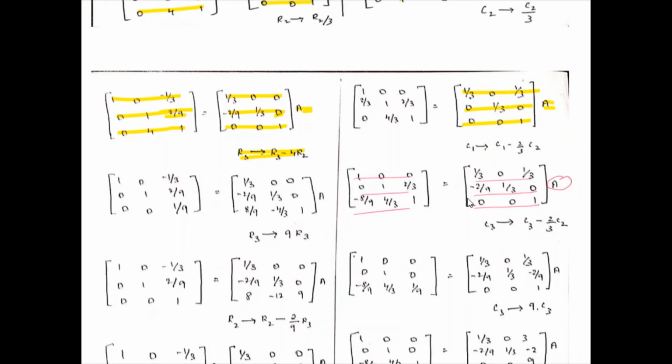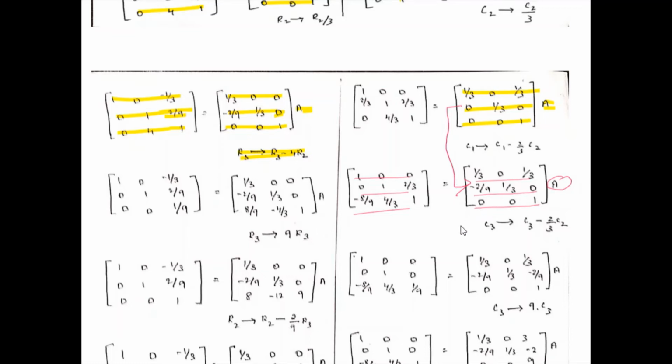It is because while we are applying the operation in both sides, 0 minus 2 by 3 into 1 by 3, it becomes minus 2 by 9. So therefore A21 is minus 2 by 9.